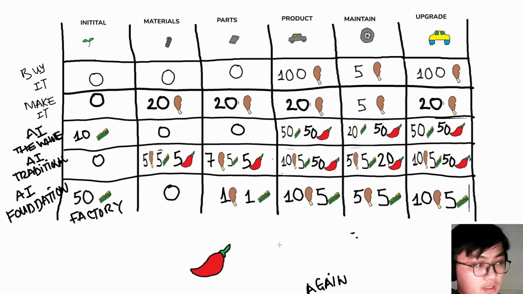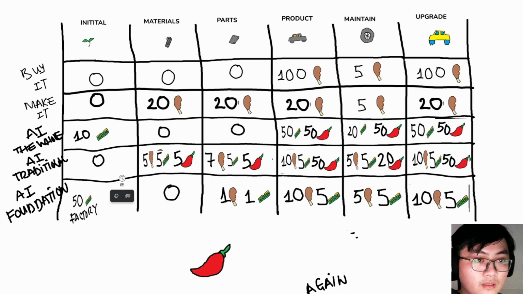And now for the AI foundation, I think in the factory we should add some human power, maybe. Let's see, let's make it a bit smaller and make it around 20 chickenless, and also 20 unreal power here.